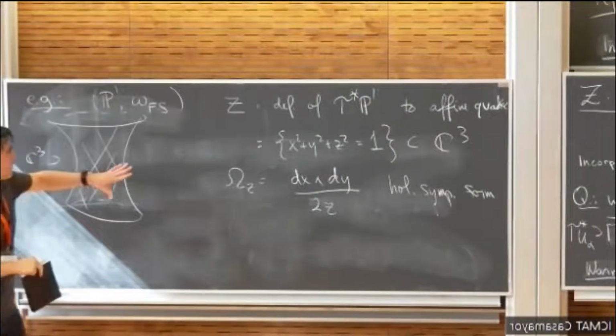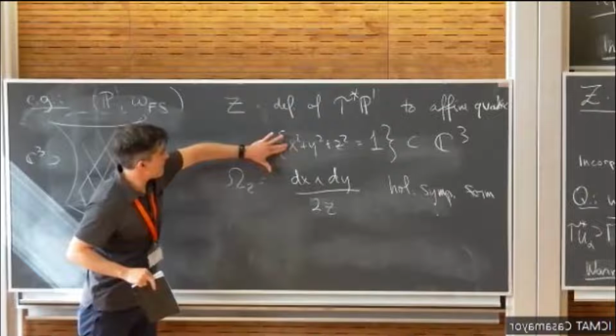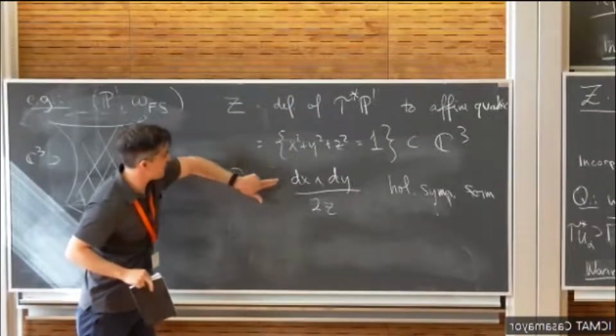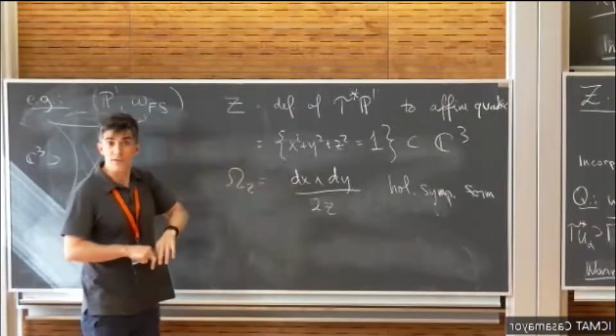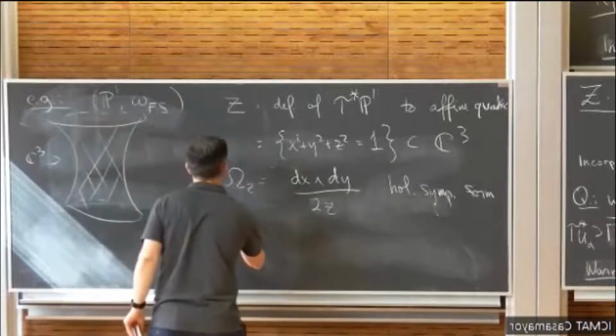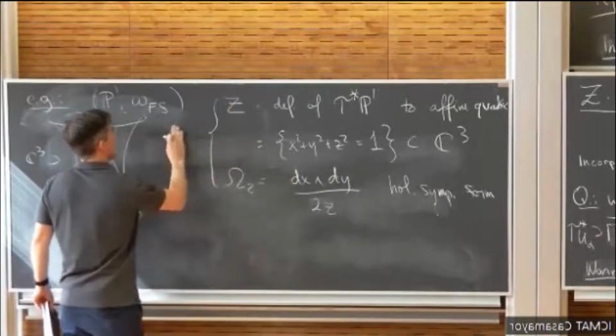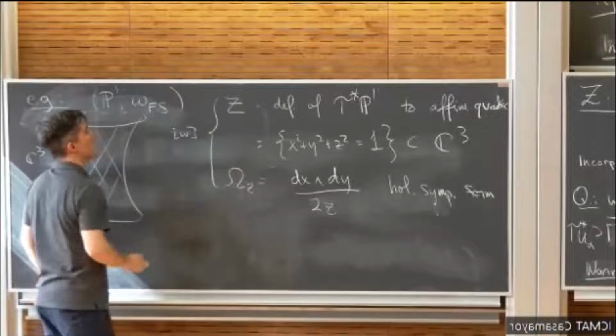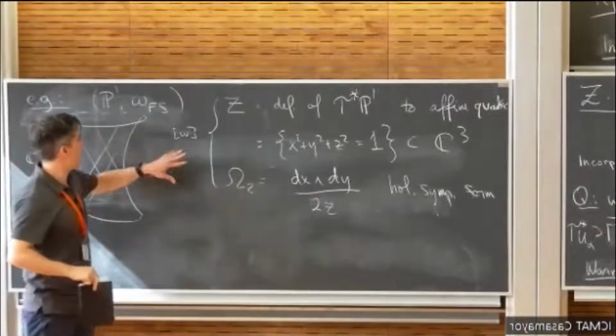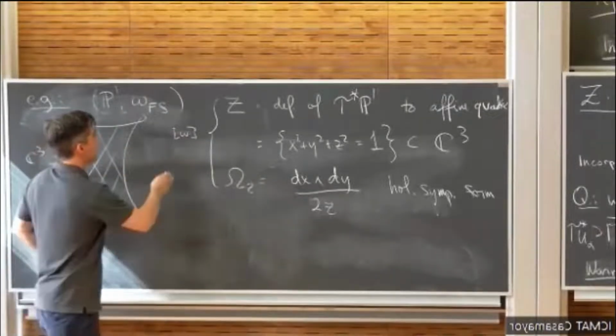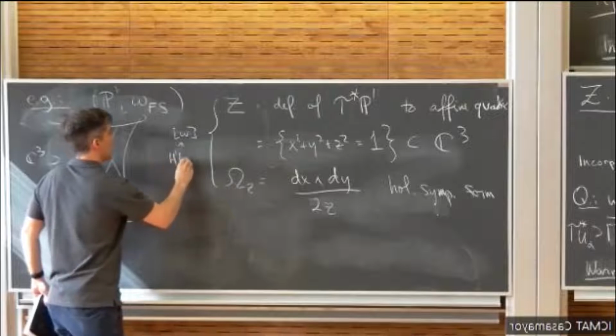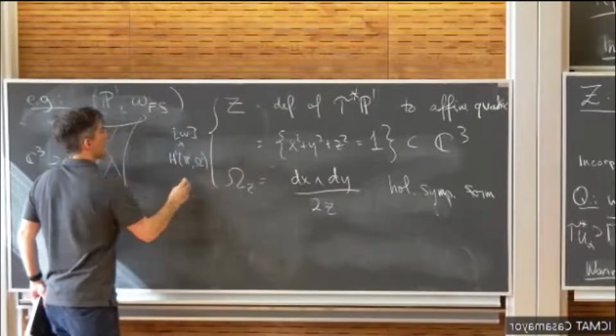And so this affine quadric, together with this holomorphic symplectic form, this is the Kähler class, believe it or not. This is determined by and determines the Kähler class in H1, P1, omega 1.